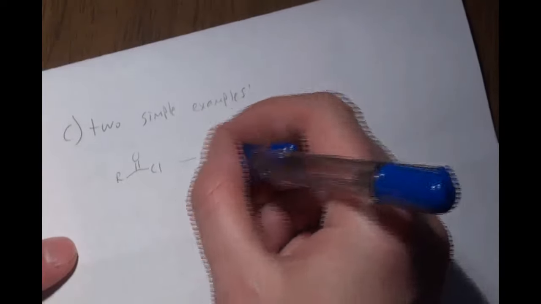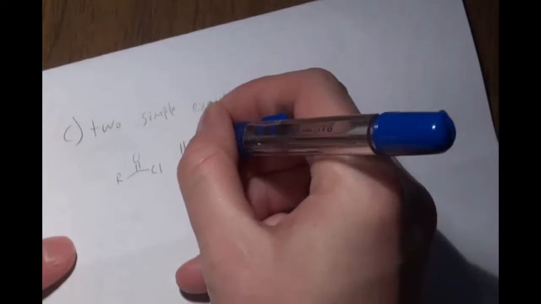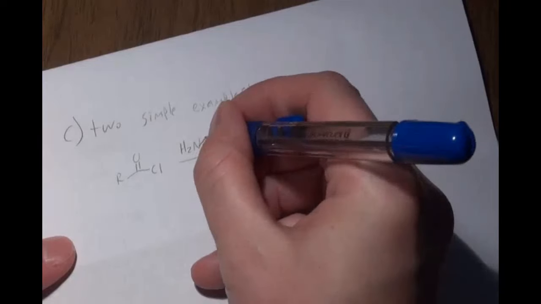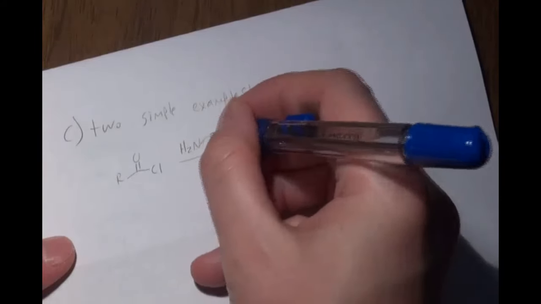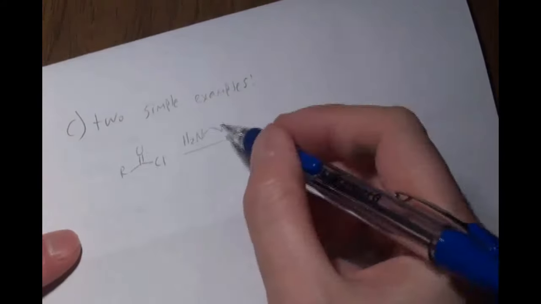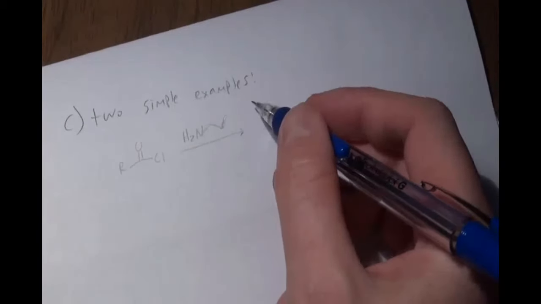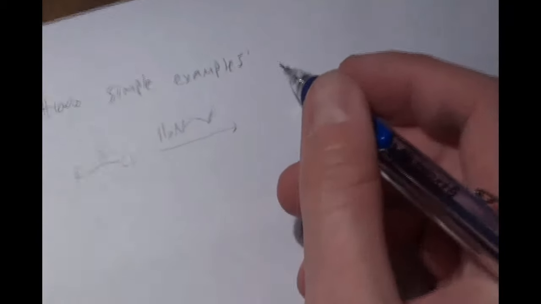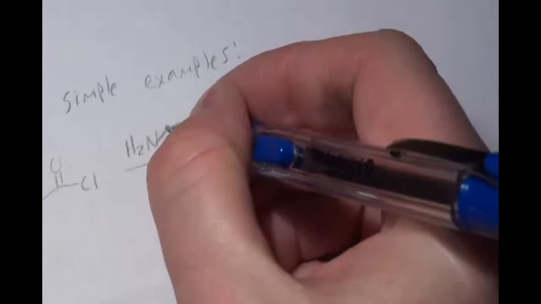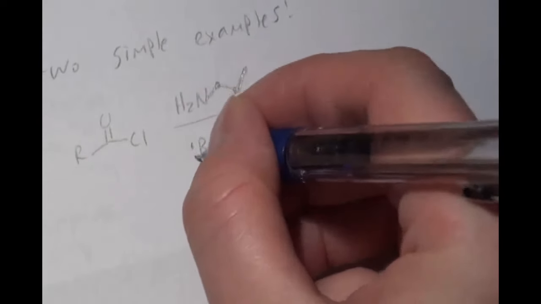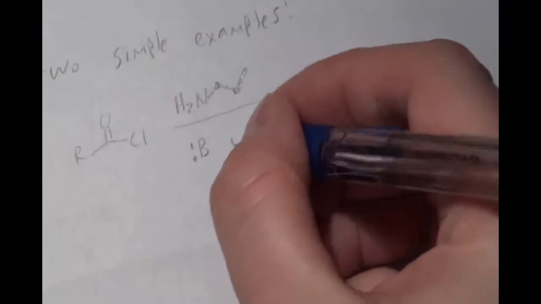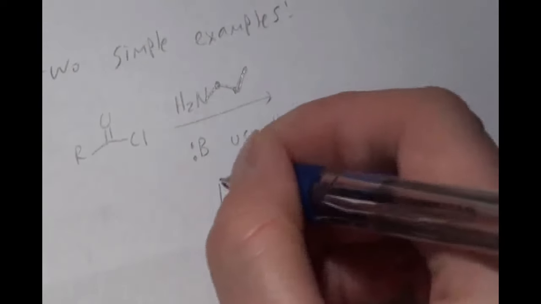And we're going to react it with an amine. Propylamine, so there's 3 carbons. Carbon, carbon, carbon, H2N, 3 carbons. And we're going to use a base. And the base is usually, for all these reactions, pyridine.